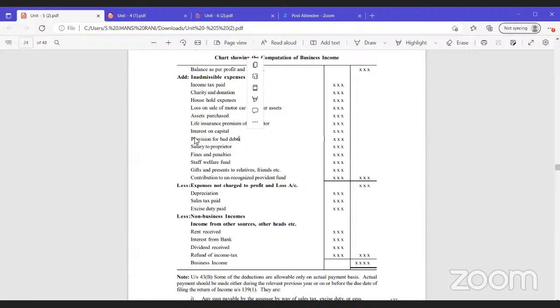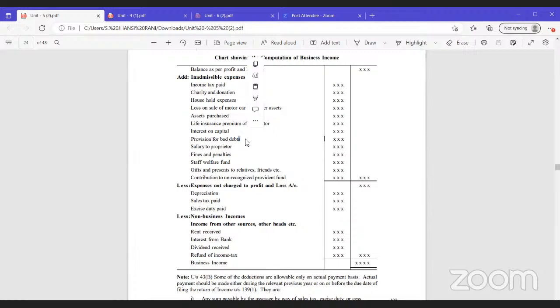But provision means, for example, one person has not paid us the amount and left the house. Then another person comes to the same house and says, I will pay every month, please give me stationery or grocery on credit. Now I get a doubt whether this person will also pay me or not.